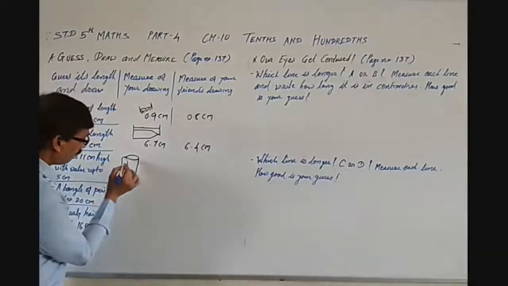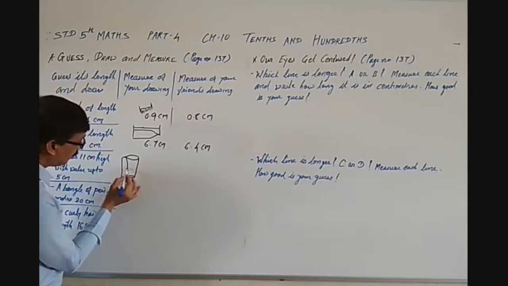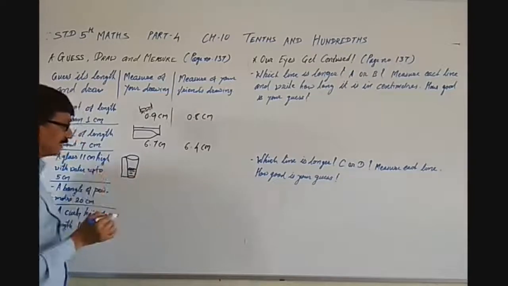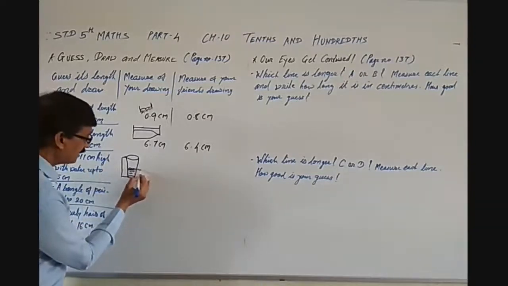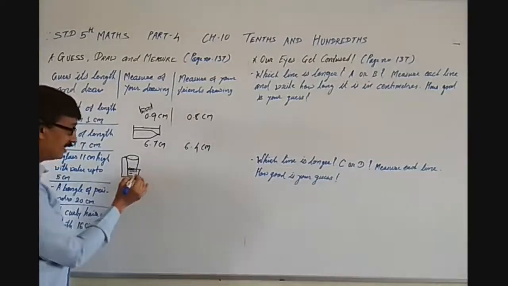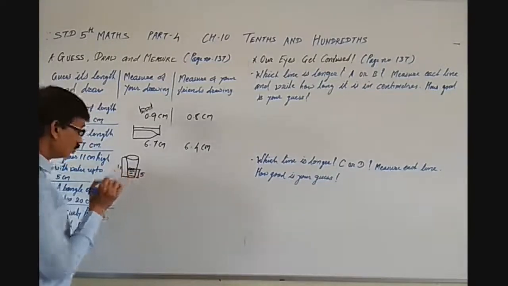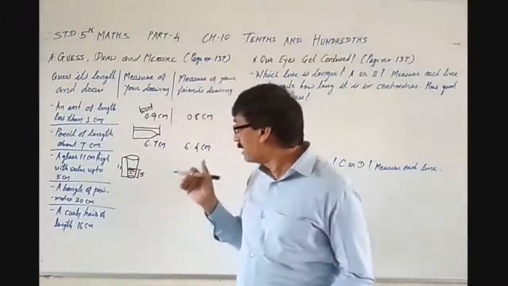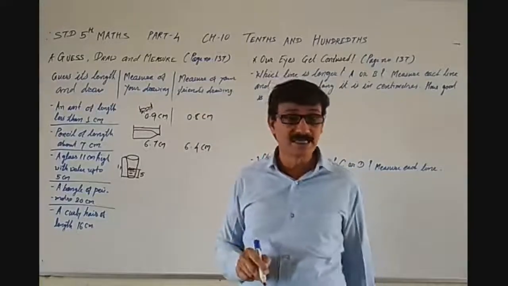Suppose this is up to half, then it must be over here, isn't it? So this is water up to 5 centimeter. Then measure this length also. So this should be 5, this should be 11. Then you have to measure and note down your readings.